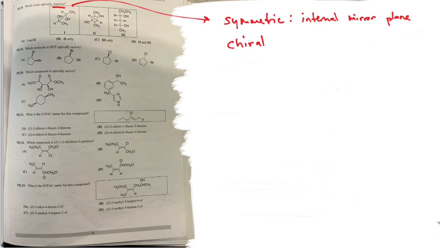An optically inactive molecule is achiral. It has the internal mirror plane, all that fun stuff. So the internal mirror plane is what you're looking for. Symmetric, I don't think you would see in a question, but achiral or optically inactive, those terminologies would show up frequently. Trying to find that internal mirror plane.